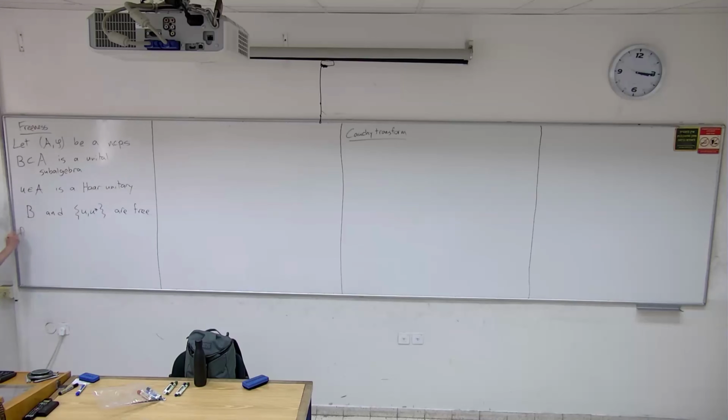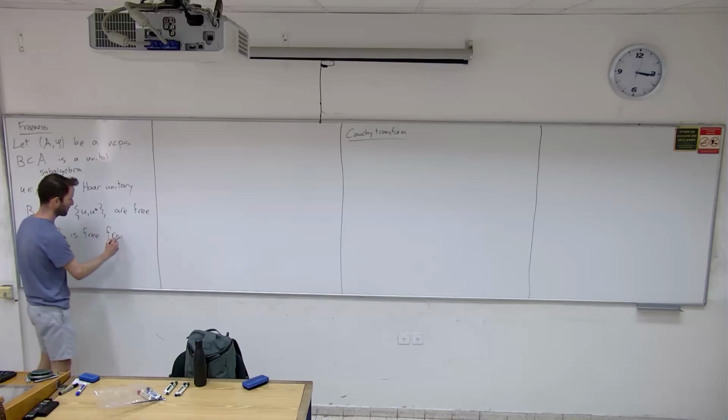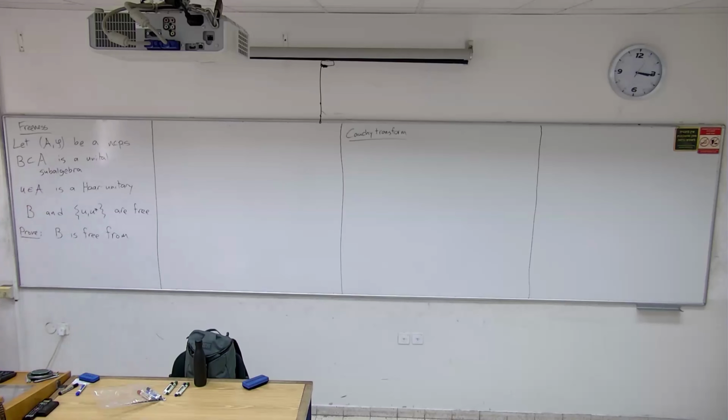And what I need to prove is that B is also free from the set I denote as U star BU, which is an algebra, which can be verified, but I'm not going to do it.